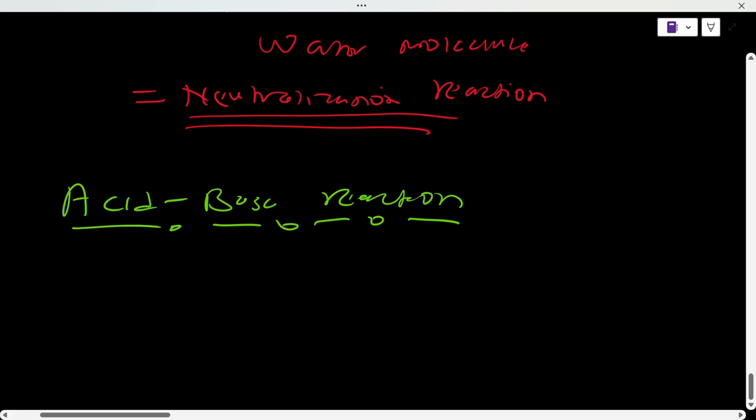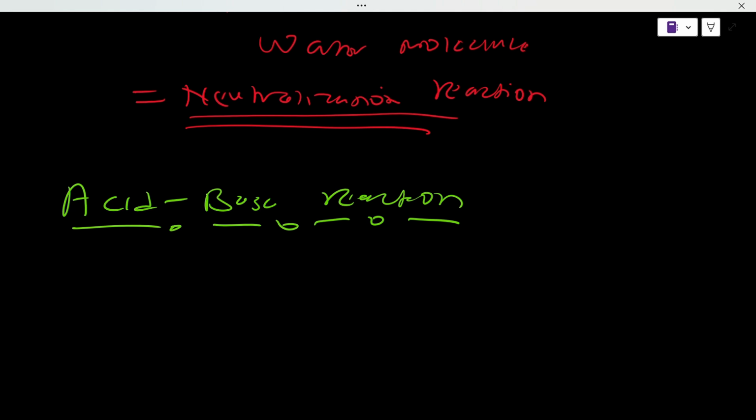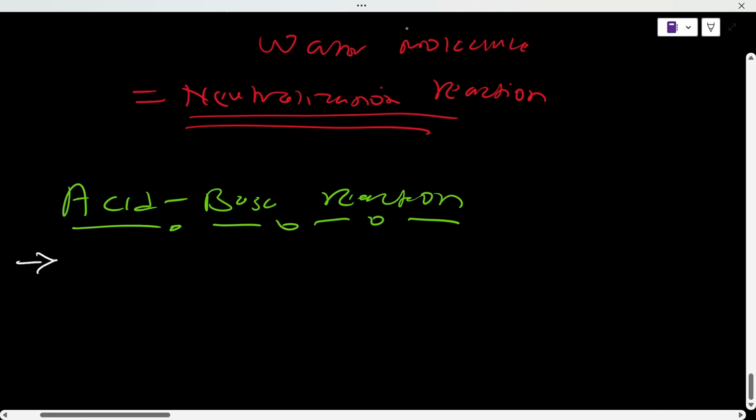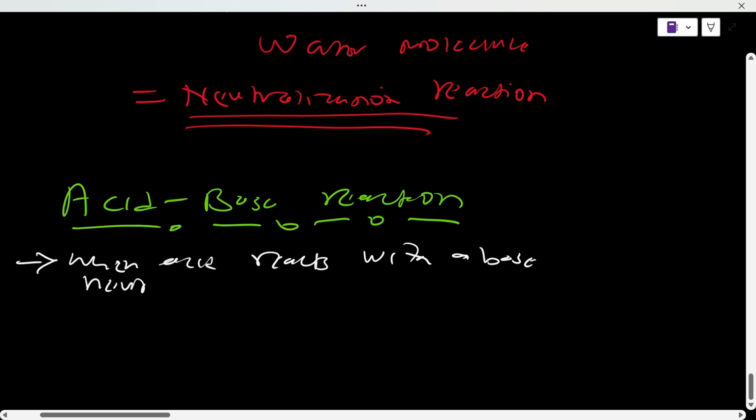The first thing you have to analyze is that when acid reacts with the base, a neutralization reaction occurs.